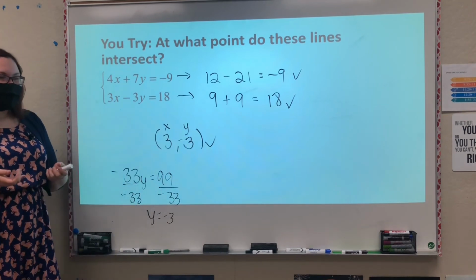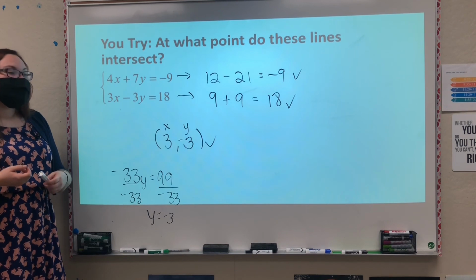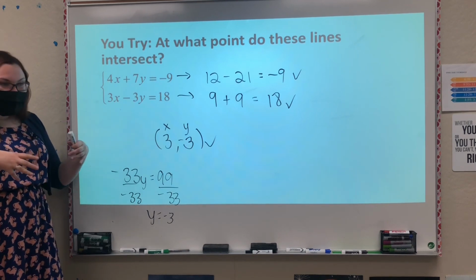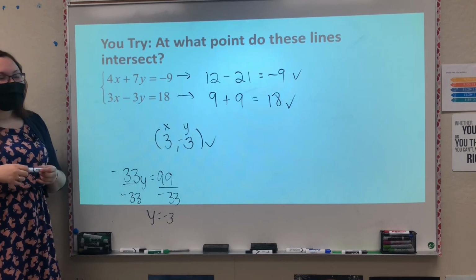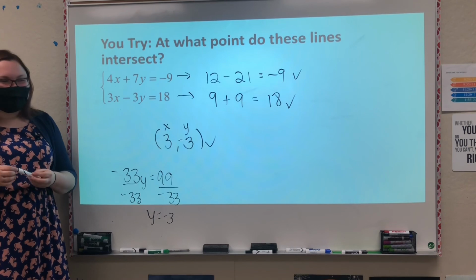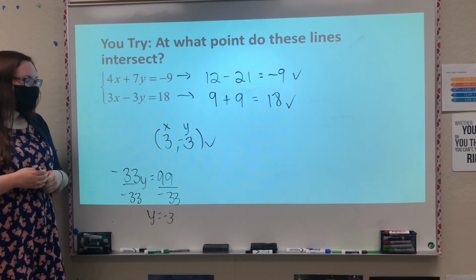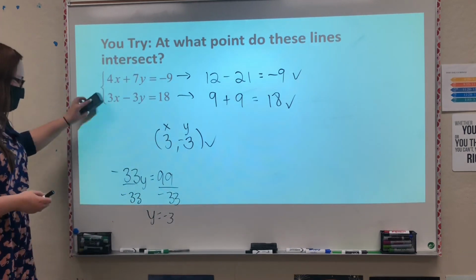You can definitely have systems that have fractions and decimals in them. And when you look at application questions or word problems that use systems, more often than not, you're going to get some of those fun numbers, just because in life, not everything comes out to be nice whole numbers.